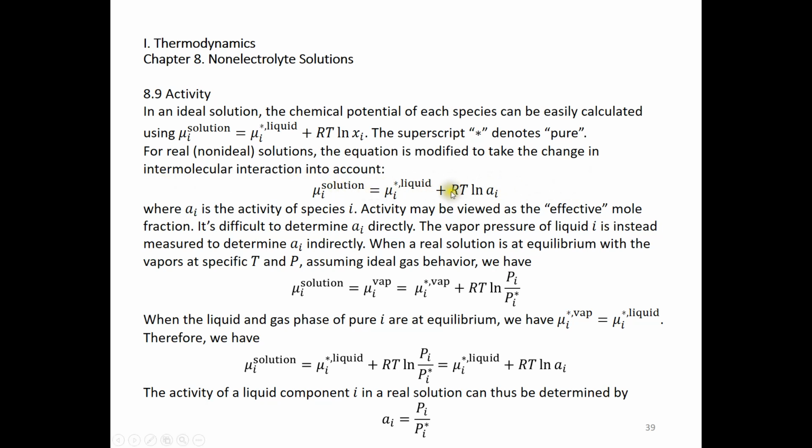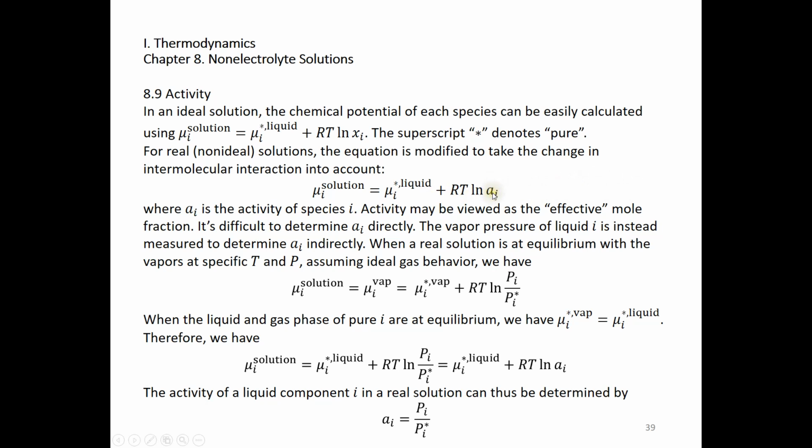Alright, so in a real solution that consists of two components, let's say A and B, the interaction between A and B, the interaction between A and A, and the interaction between B and B can be different from each other.